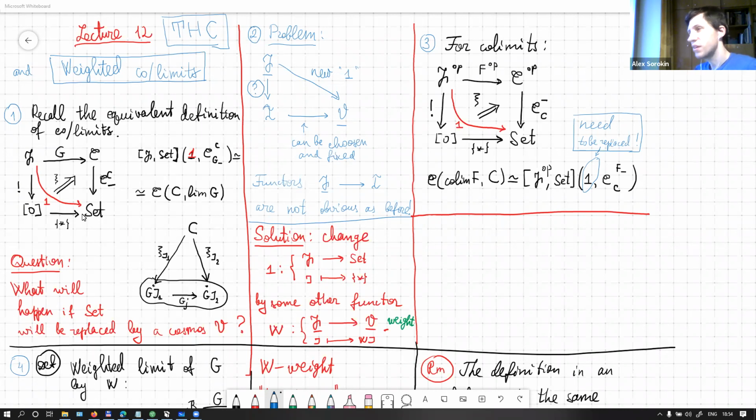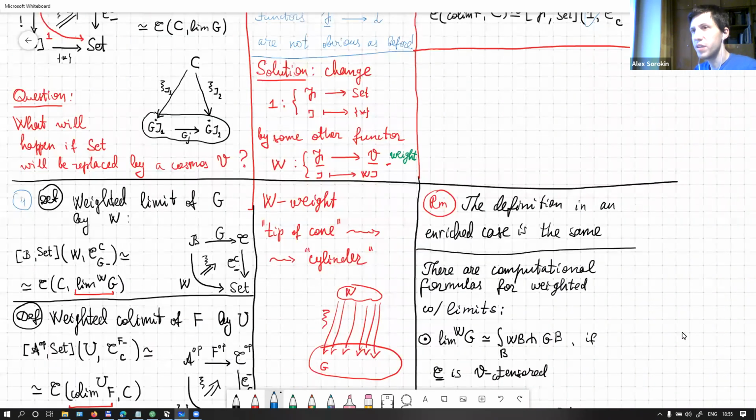So the picture is exactly the same as before, but we are using the contravariant functor (blank, C). Again, we are going to replace the terminal functor 1 with a certain weight. Right now, I only wanted to emphasize that in the first case, the terminal functor 1 was going from category J. Here it's going from category J opposite. So we will be replacing it with two different weights. One weight will be covariant and one will be contravariant: covariant for limits and contravariant for colimits. A little later, we will also return to this topic.